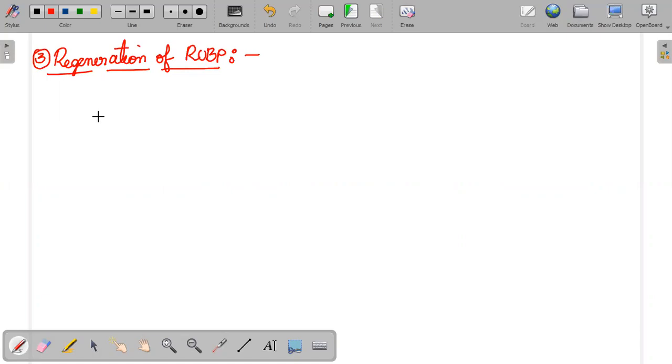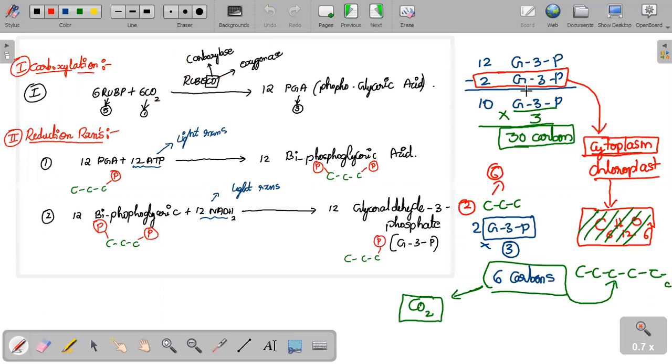Very, very simple. What was happening there? Let me use a marker. This respect to 10 G3P molecules, I'm pointing out with the laser. Just see, this respect to 10 G3P molecules is holding 30 carbons.